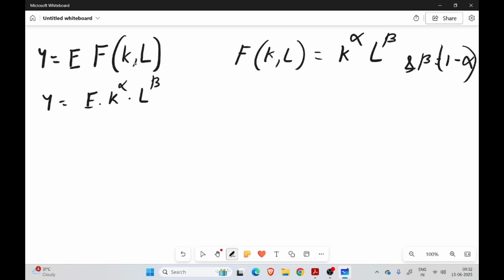Now when we differentiate it, we will use the chain rule.